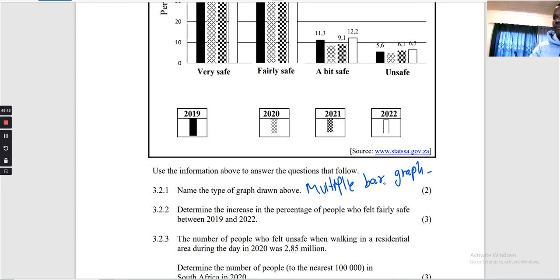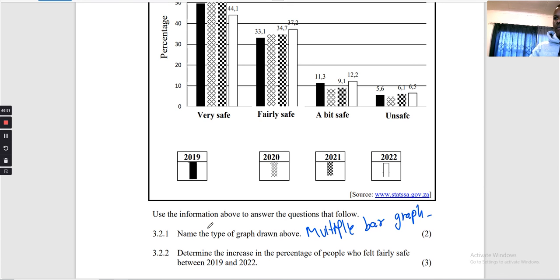Okay. Then they say determine the increase in percentage of people who felt fairly safe. We underline this. It means we're going to look at this between 2019 and 2022. So this is 2019 and 2022.